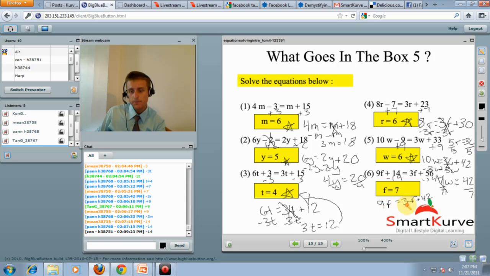What do we do now? Correct. Subtract 3f from both sides. This side crosses out, giving us 6f equals 42. We divide each side by the 6, so we have f alone. F equals 7.